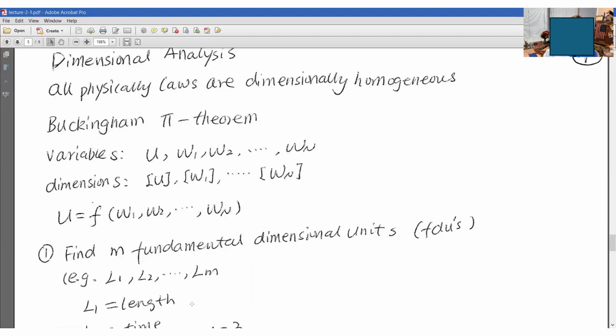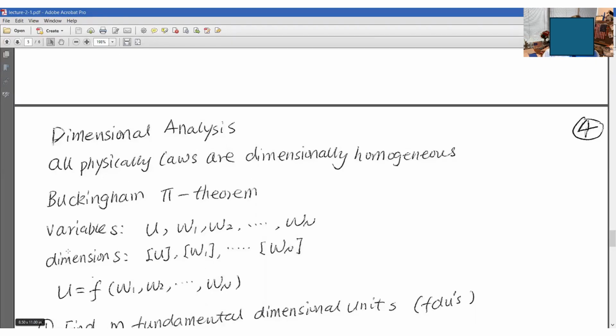For example, we have variables, and u is a dependent variable, a result, and we also have multiple n independent variables, denoted as w1, w2, and so on, up to wn.